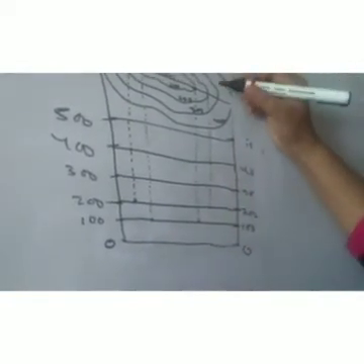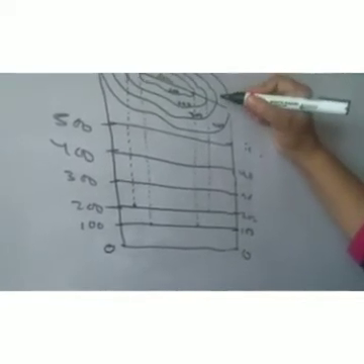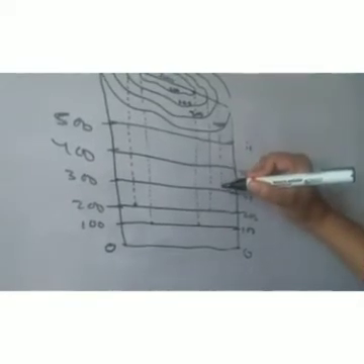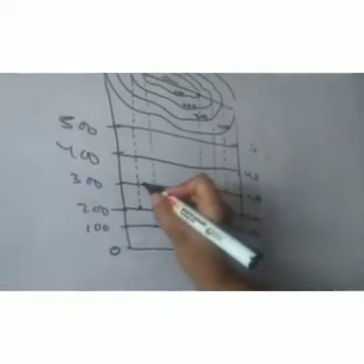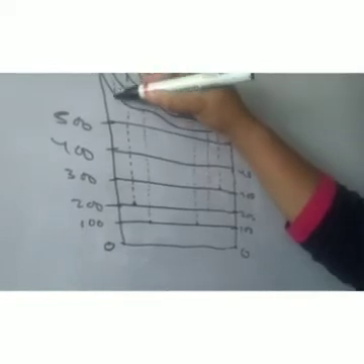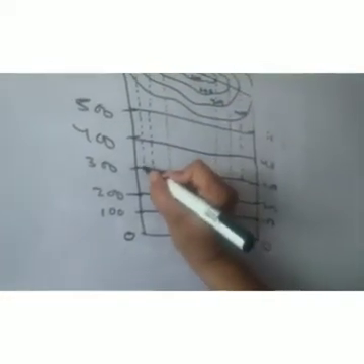Now come to 300. This 300 vertical line is going to end here in the 300 horizontal line, and this 300 also you mark like this, vertical line, the last extent till here.